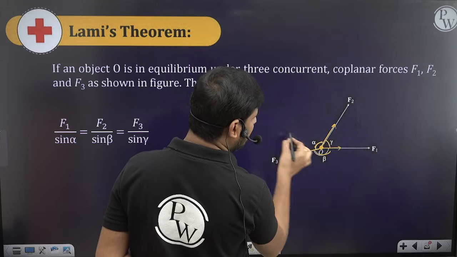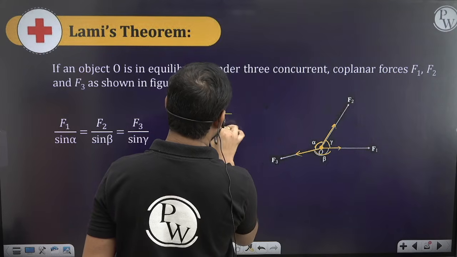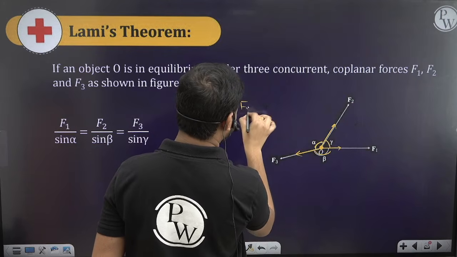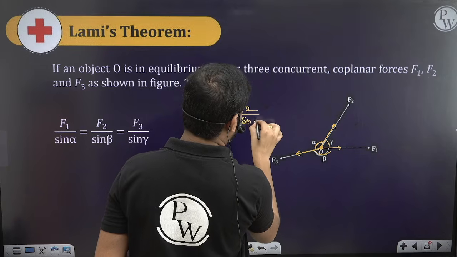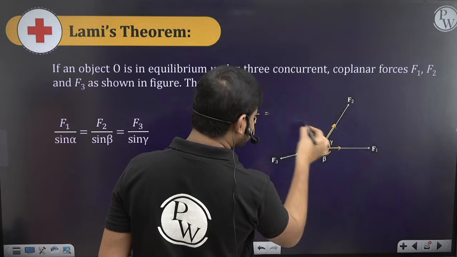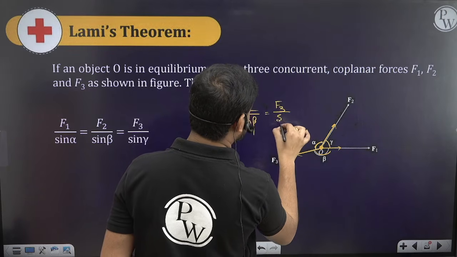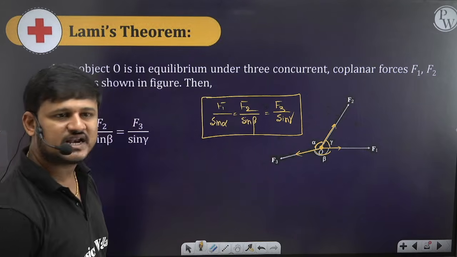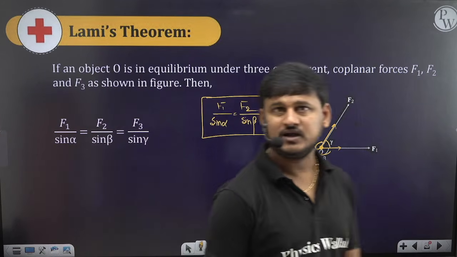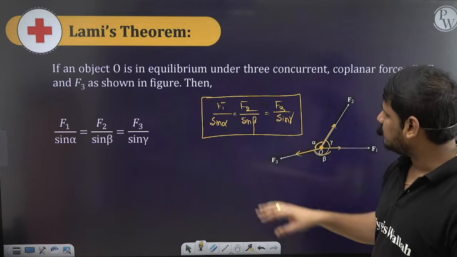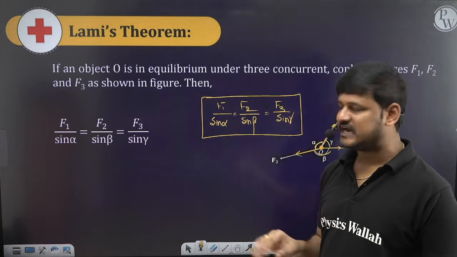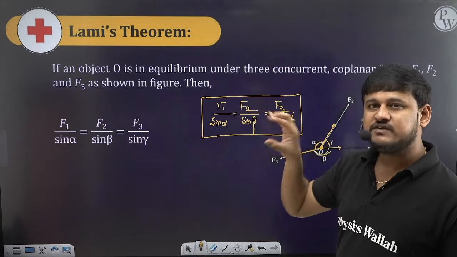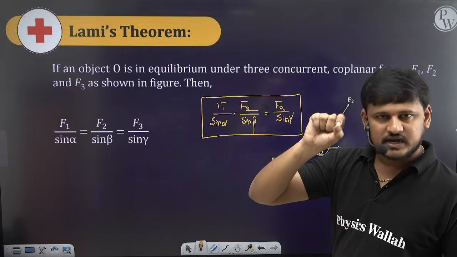F1 by sine alpha, the opposite angle, is equal to F2 by sine beta, and F3 by sine gamma. This is Lami's theorem. When three forces are concurrent, acting at the same point and making the angles alpha, beta, gamma, the relation between those forces and angles is given by Lami's theorem. This is useful when three forces are acting on a body at the same point.